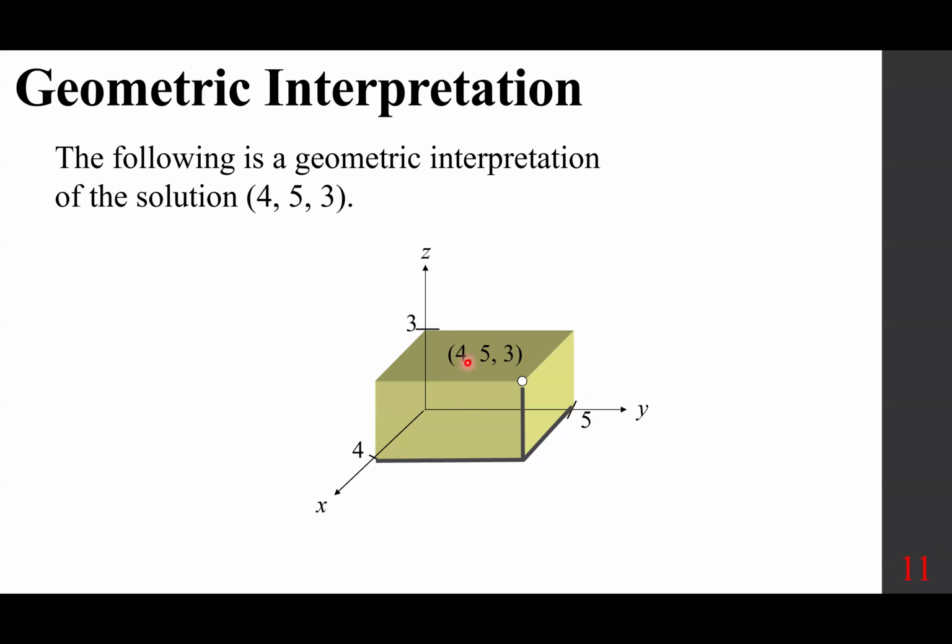Remember, negative would go in here, and this one to the left. Z above, 3 units above, negative would go down. So this is the point. So it's a three-dimensional figure, if you will.